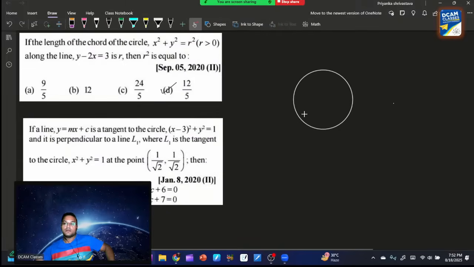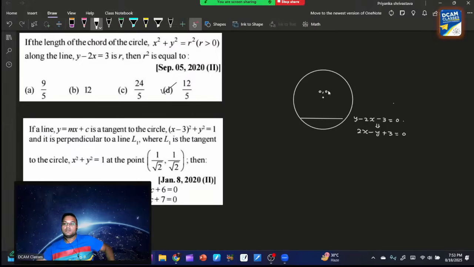This is our chord. It is along the line y minus 2x minus 3 is equal to 0, or you can say 2x minus y plus 3 is equal to 0. Now, this is our circle. They want the length of the chord.